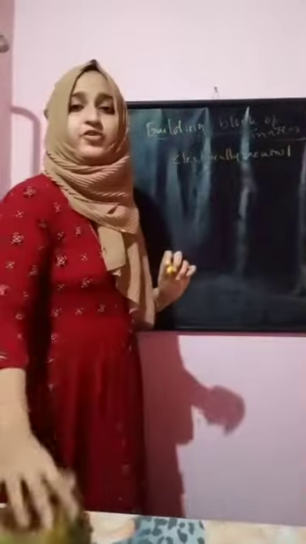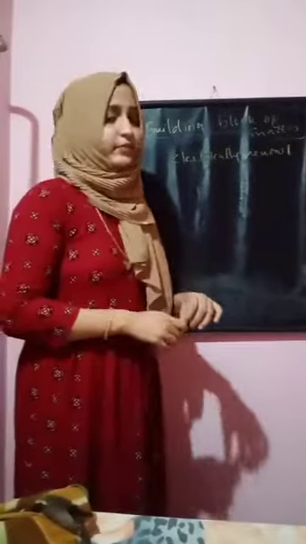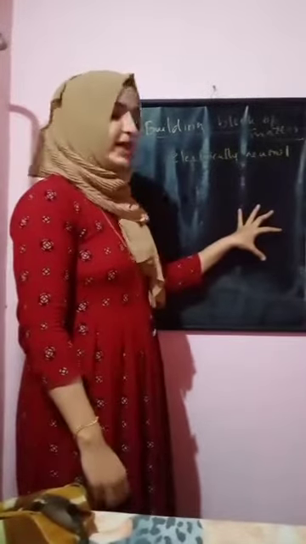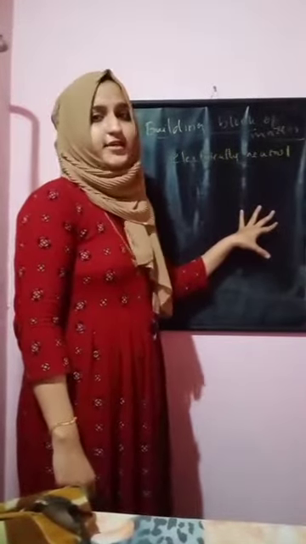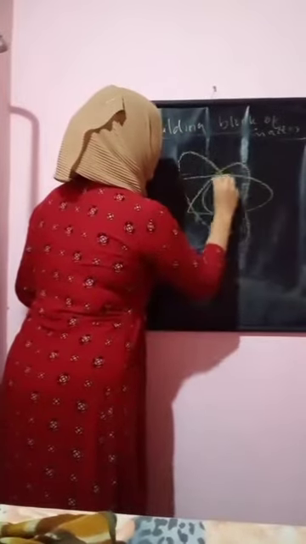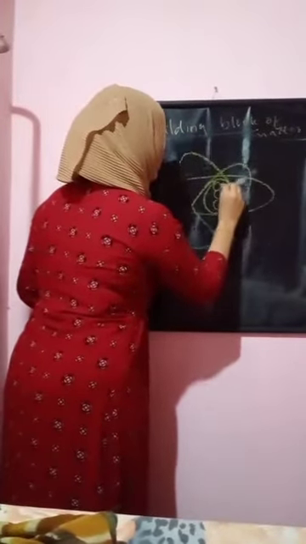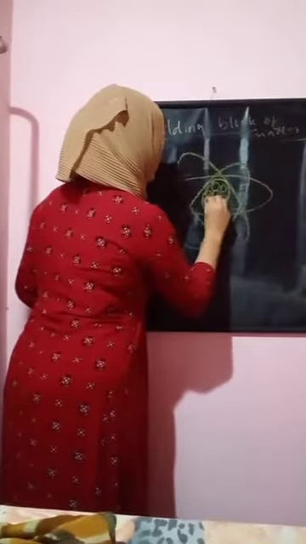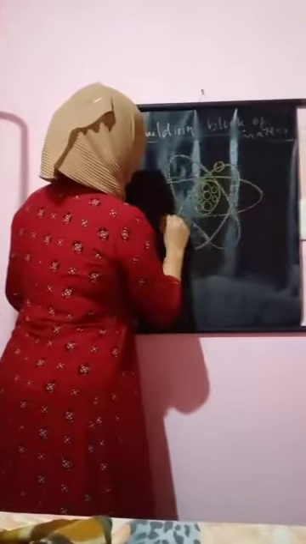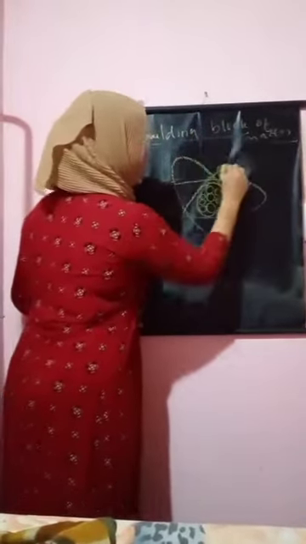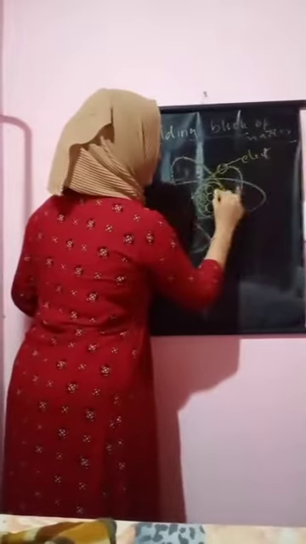And also the number of protons, the number of electrons and the number of neutrons will play an important role in maintaining the structure of an atom. And I will give you a clear picture of the structure of an atom. These are the electrons.